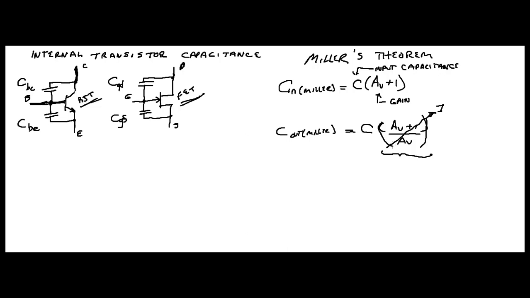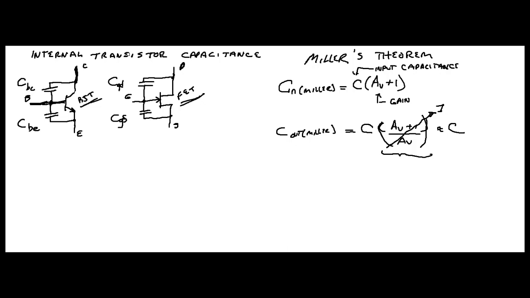So at very high gain, this is approximately equal to your capacitance out. Now remember, your capacitance out is either your CGD or your CBC, your gate drain or base collector capacitance, depending on what kind of amplifier you're analyzing.